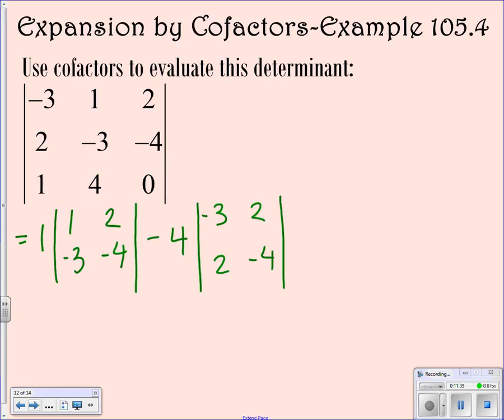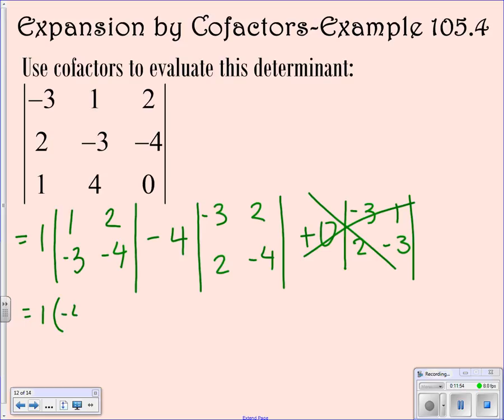Okay? I'll show you what it would be, just in case you're still not sure on how to set that up. But we don't need it because it is just 0. So we have 1 times negative 4 plus 6 minus 4, and then 12 minus 4.